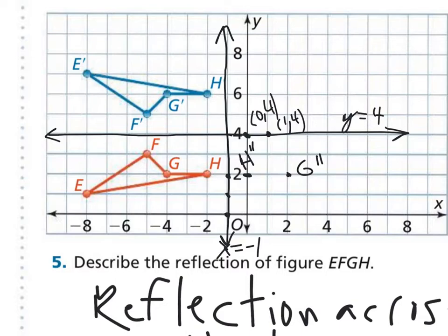Point F is 4 units away to the left, so we'll go 4 units to the right when we reflect that. And point E is 7 units away from this line x equals -1. So 1, 2, 3, 4, 5, 6, 7.